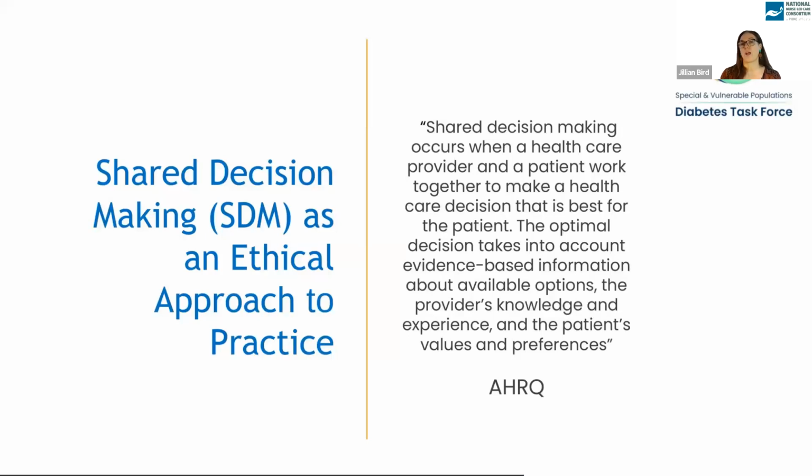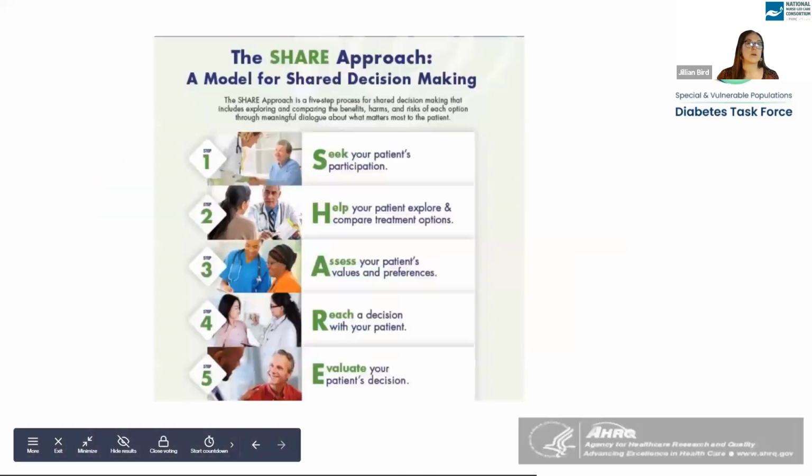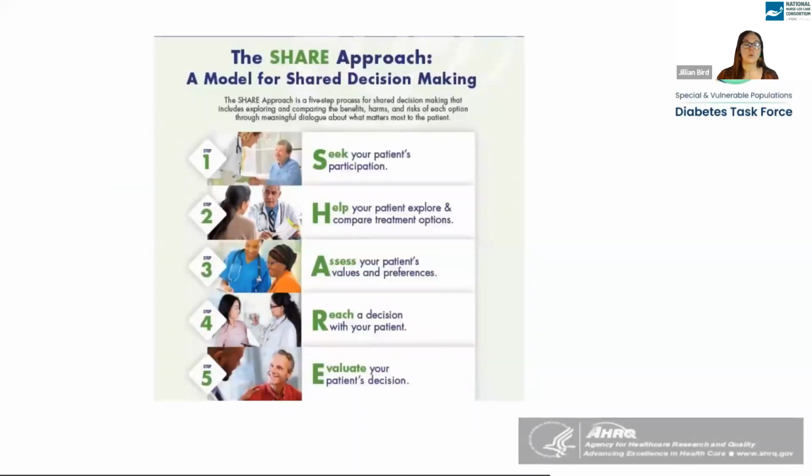The optimal decision takes into account the evidence-based information, so that's where our provider perspective comes in. But it's also aligning that with your patients' and consumers' values and preferences, which may diverge from the recommended course of treatment. Going on to the next slide, this is from AHRQ, the SHARE Approach to decision-making model. A lot of the AHRQ resources can be found in multiple languages.